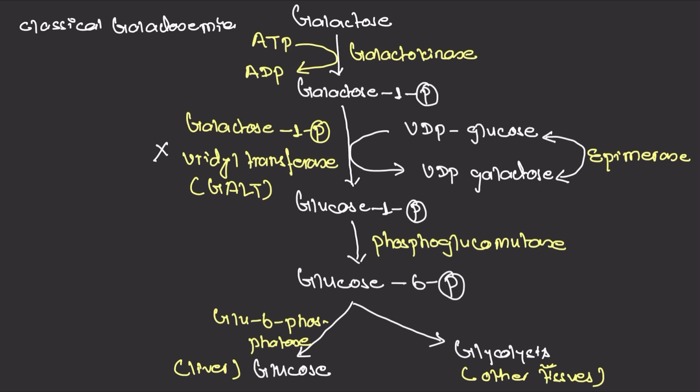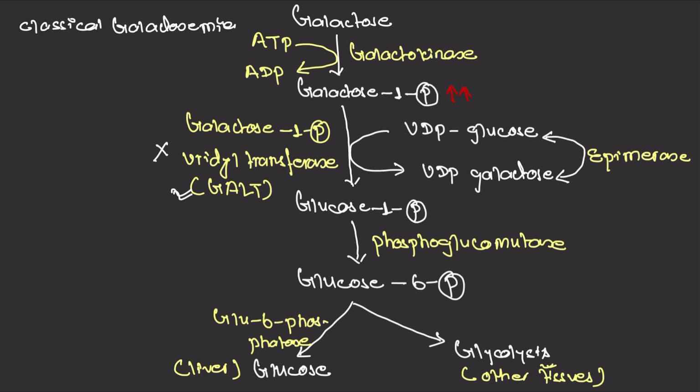If this enzyme is defective, then what will happen? Definitely there will be elevation of galactose 1-phosphate. Galactose 1-phosphate will be accumulated, right? Basically inorganic phosphate is trapped in the form of galactose 1-phosphate. See, the first reaction is normal.